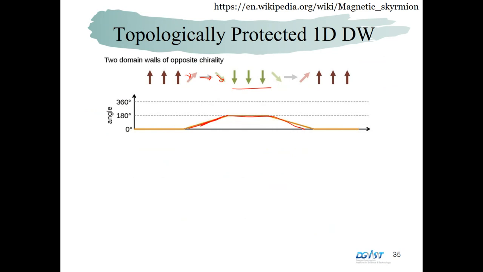And then here, let's see the chirality of the domain wall. They are rotating in this direction, right? But here we have the opposite direction of the domain wall. It means the slopes of these parts are different. The signs of the slopes are opposite. Okay, so we have two opposite chiralities here.